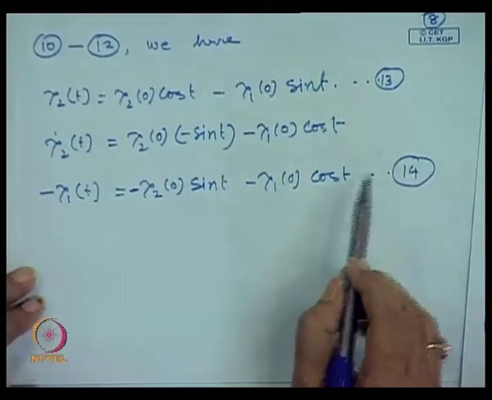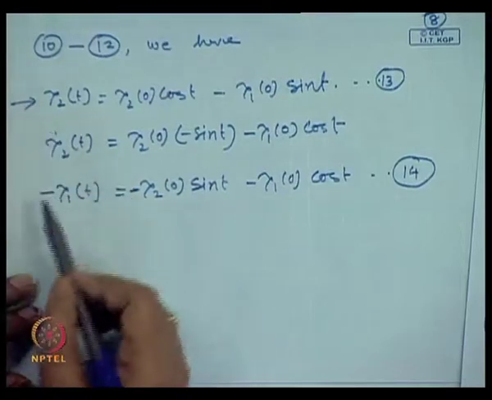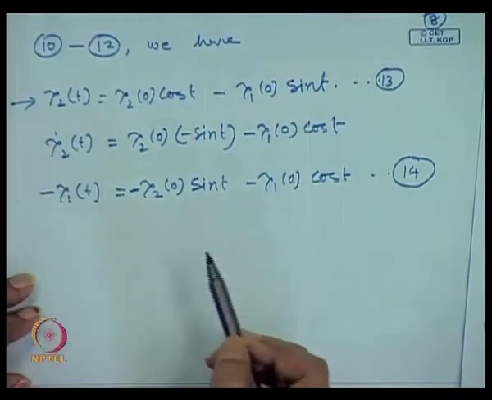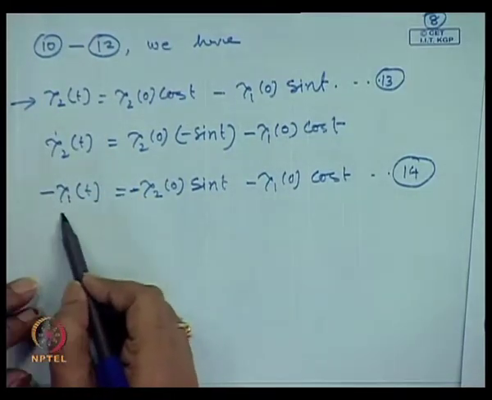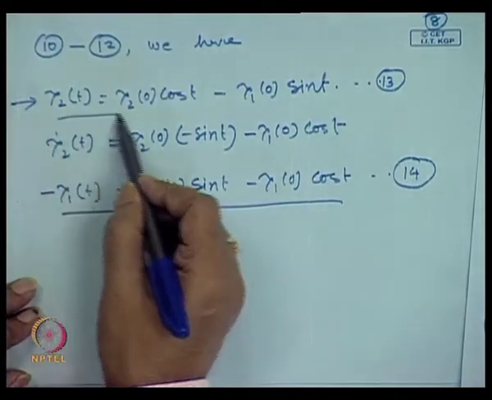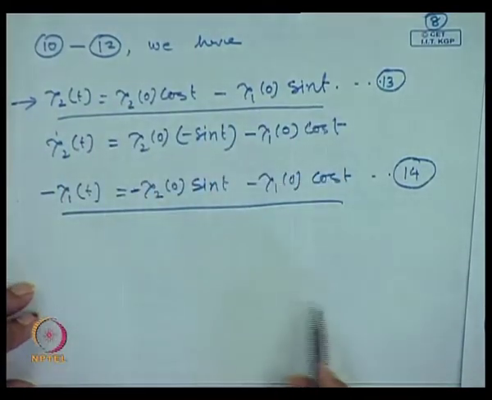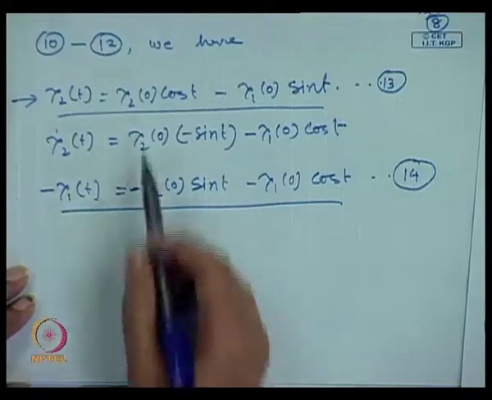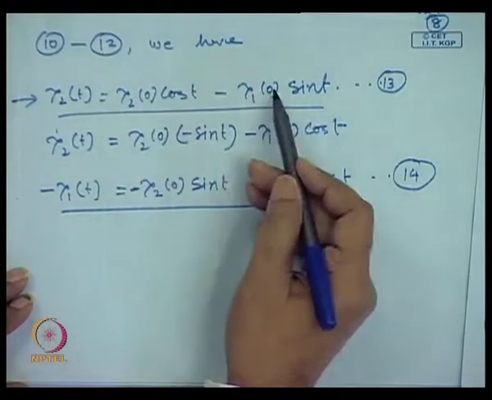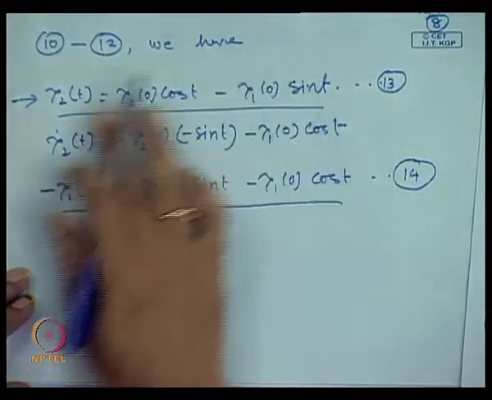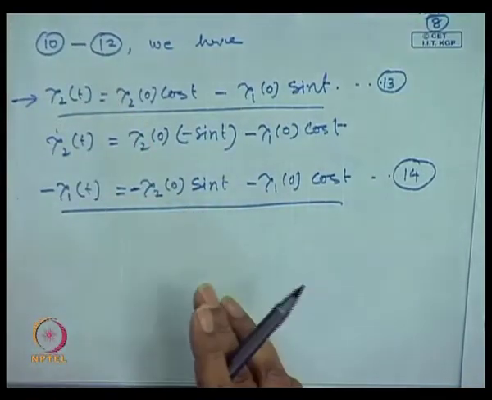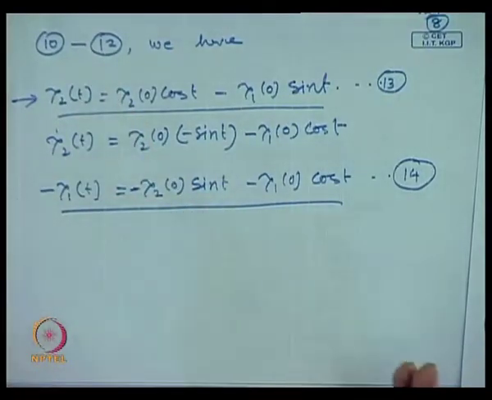So, I know the expression for lambda 2 and the expression for lambda 1. This is the final expression for lambda 1 and lambda 2. But still I do not know lambda 1 of 0 and lambda 2 of 0. If I know them, then the Lagrange multiplier description is known.